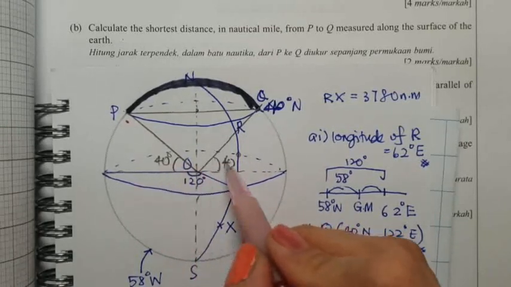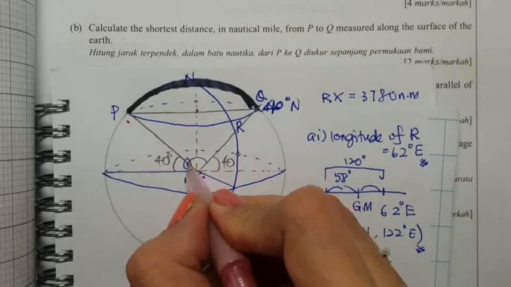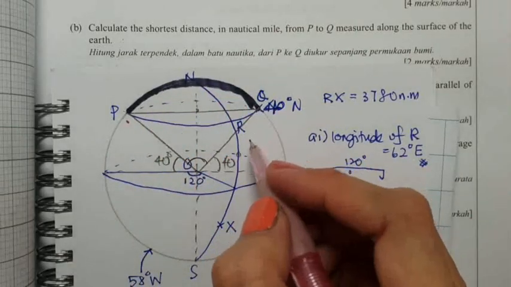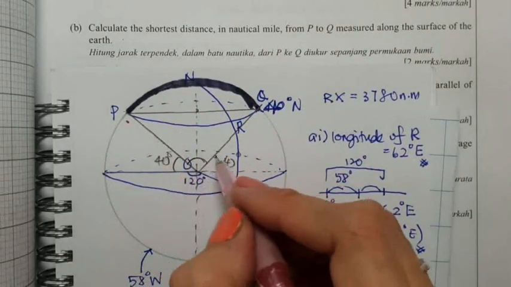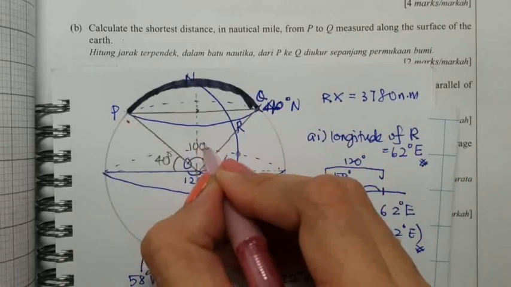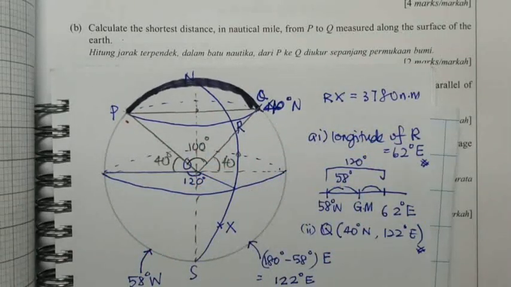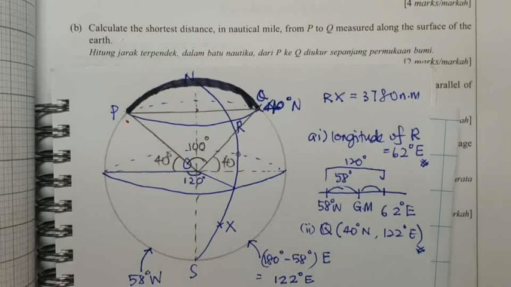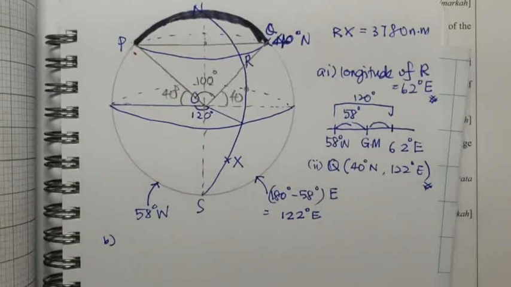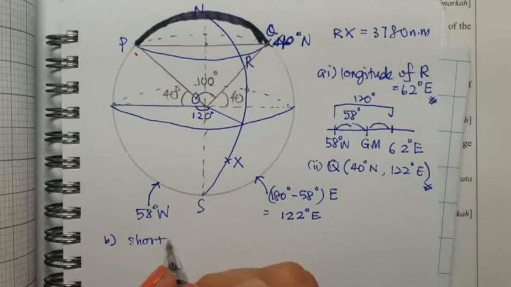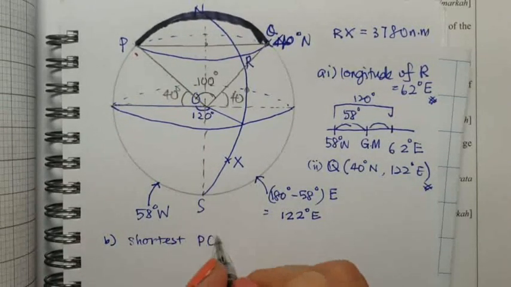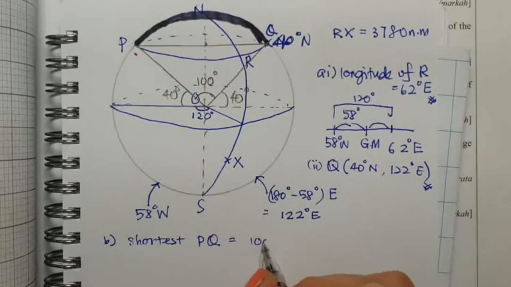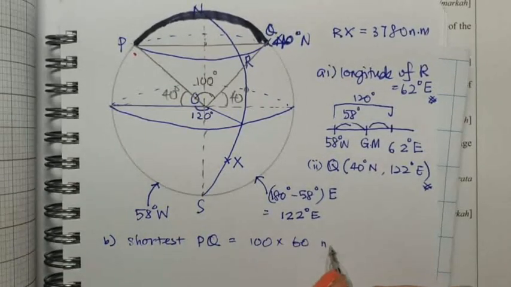So if this is 40, this is 40, therefore the angle that's subtended by this arc will be 180 minus 40, 40, so we will have 100 degree over here. Therefore, to find the shortest distance of PQ, it will be 100 times 60 nautical miles. So we will have 6,000 nautical miles.